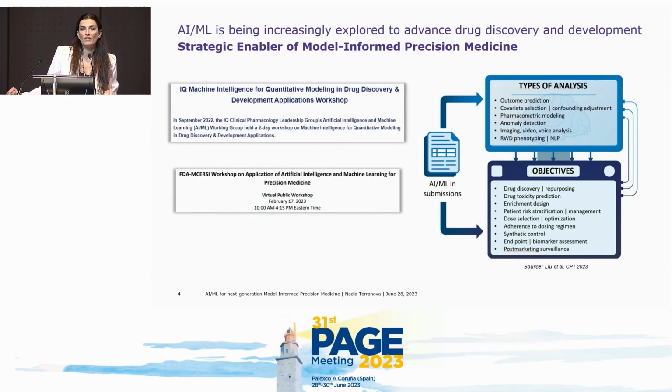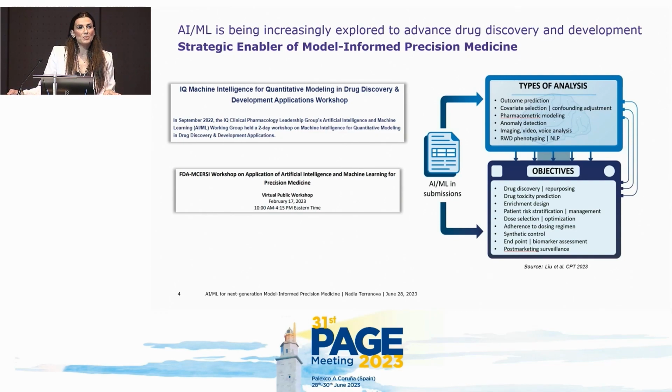And this has been very well acknowledged within our scientific community, as testified by a number of publications that have been coming out over the last years about the use of AI and machine learning in drug discovery and development. And also the two recent events organized by the IQ Consortium and FDA MSRC, where a number of applications of AI and machine learning for quantitative modeling or precision medicine were shared, along with some recommendations on the challenges and the opportunities that come with them.